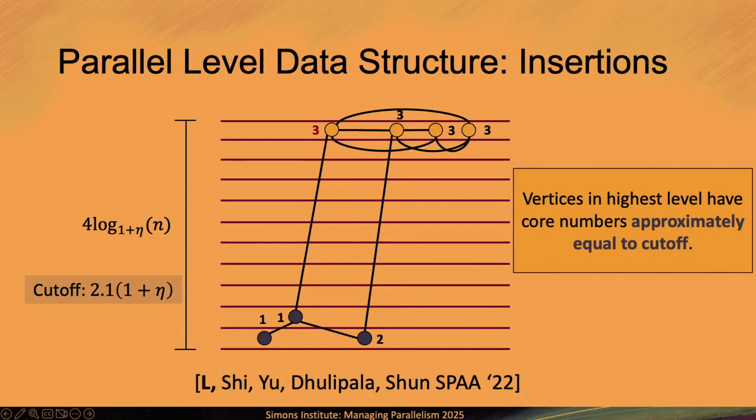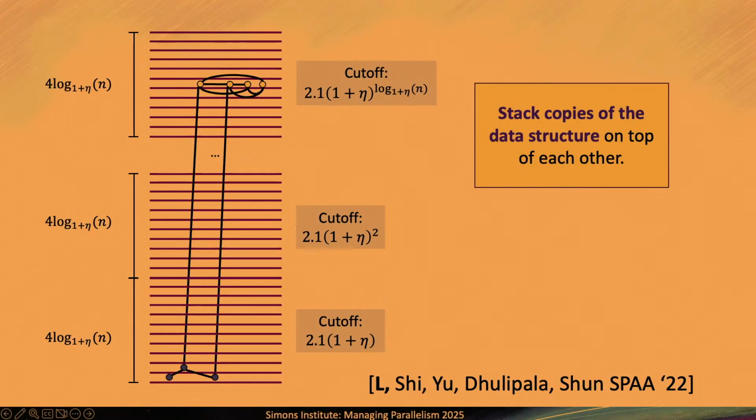The key observation that we have here is that vertices in the highest level have core numbers approximately equal to the cutoff. Now, in order to get more accurate approximations on your core numbers, you just stack multiple of these groups of levels on top of each other, each with an exponentially increasing cutoff number.